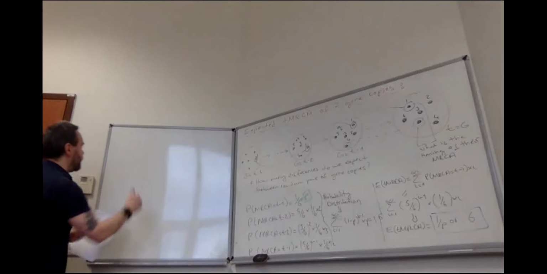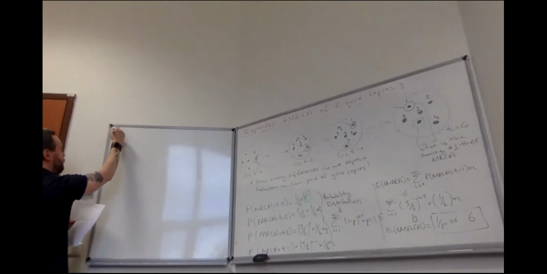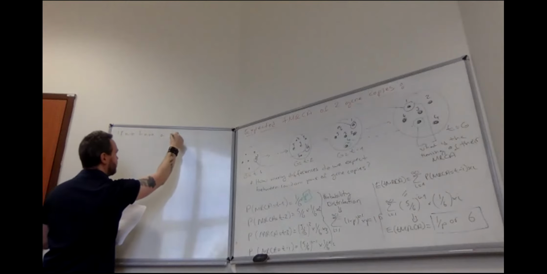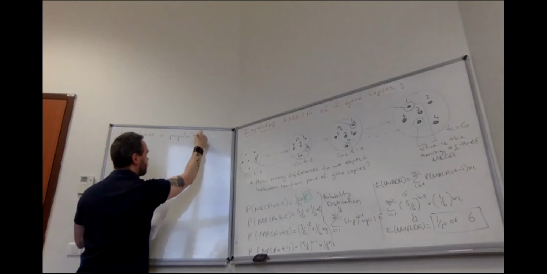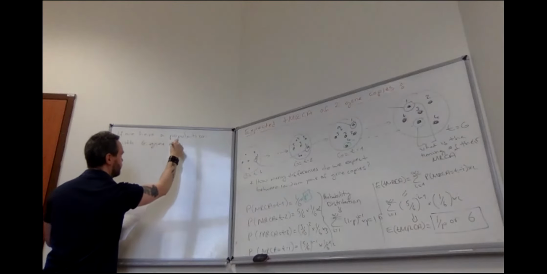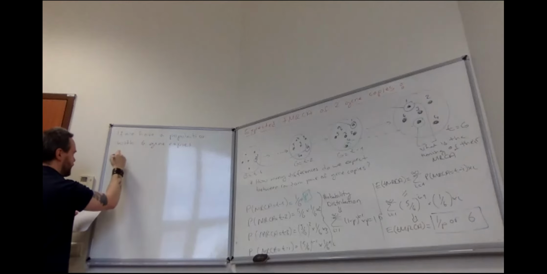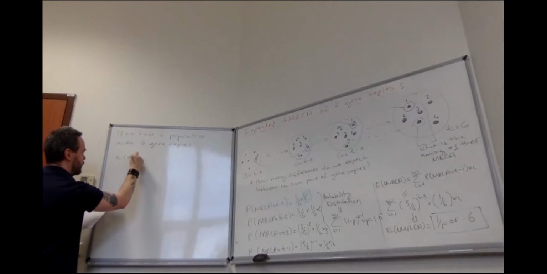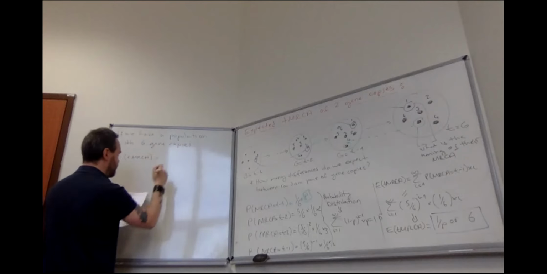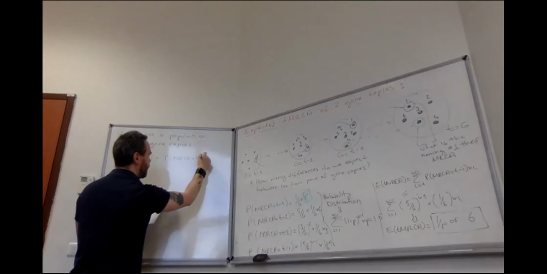So we can actually say that in this specific case, if we have a population with 6 gene copies, the expected time to the most recent common ancestor of those gene copies is just going to be the inverse of the probability of a most recent common ancestor at t minus 1 generation in the past.